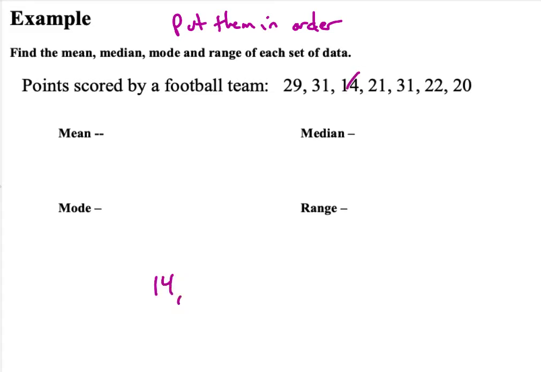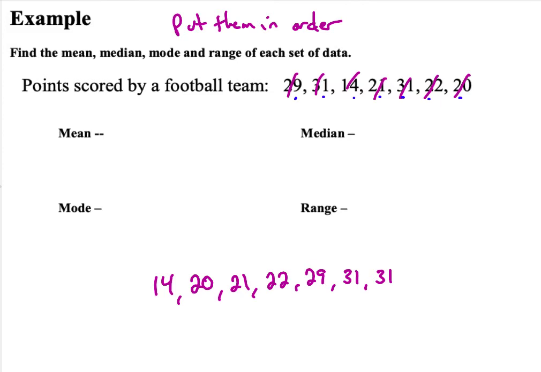So 14, 20, 21, 22, 29, 31, and 31. Then I always like to double check. There were 1, 2, 3, 4, 5, 6, 7 numbers, and I have 1, 2, 3, 4, 5, 6, 7 numbers in my list. Especially as these lists get longer, it's easy to miss a number if we're not careful.